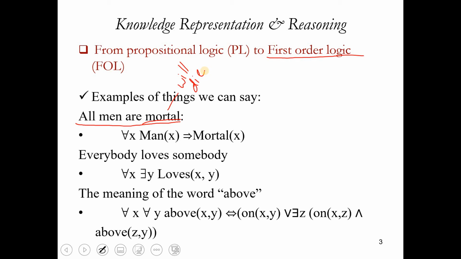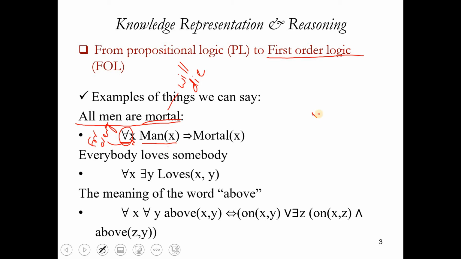So this thing that is in English is written over here in first order logic like this. This symbol that you see is called "for every". Okay, for every x, where x belongs to the class man.